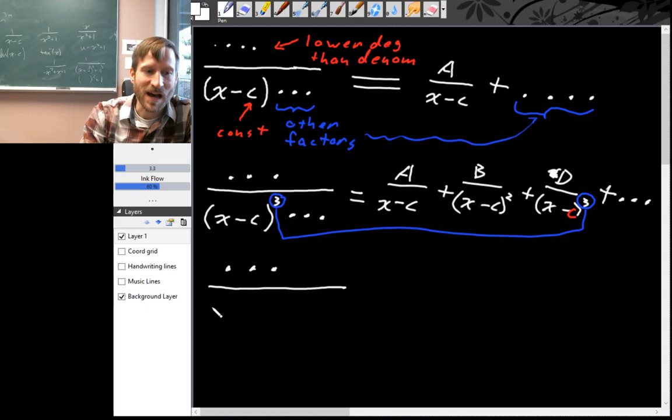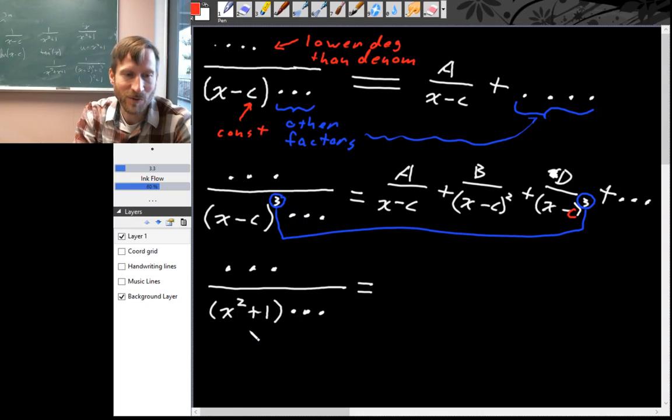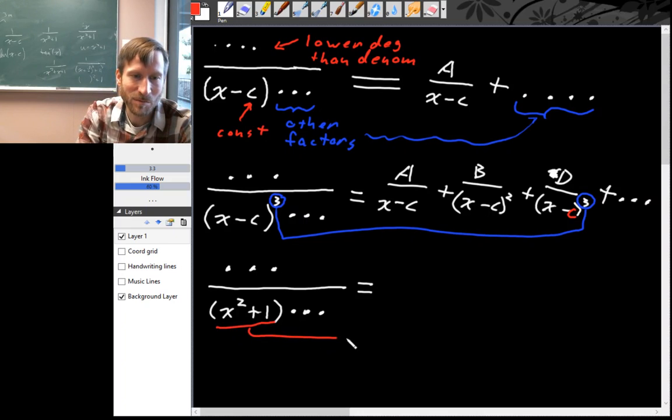You might also have an irreducible quadratic factor, something like x squared plus 1. This doesn't factor, at least not over the real numbers, so you can't split it into linear factors. So what does x squared plus 1 produce in the partial fractions decomposition?